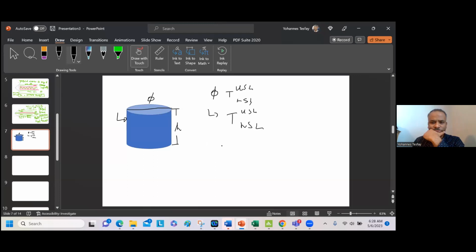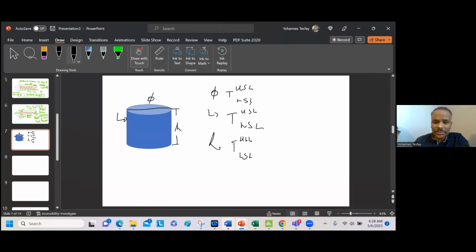So now the height also, suppose it has a target, then an upper specification limit, then a lower specification limit.